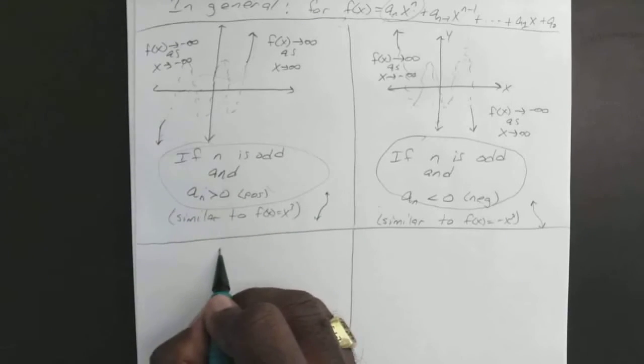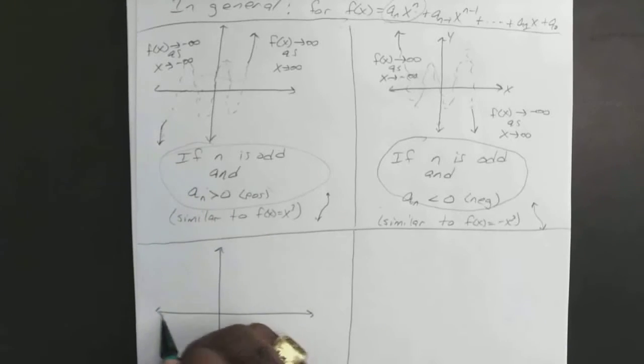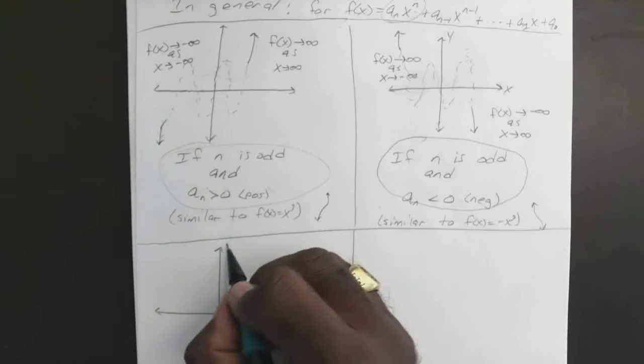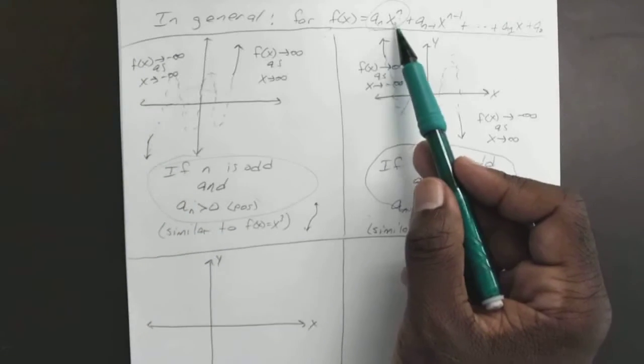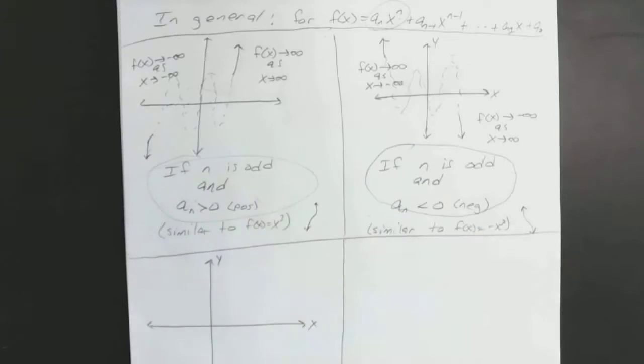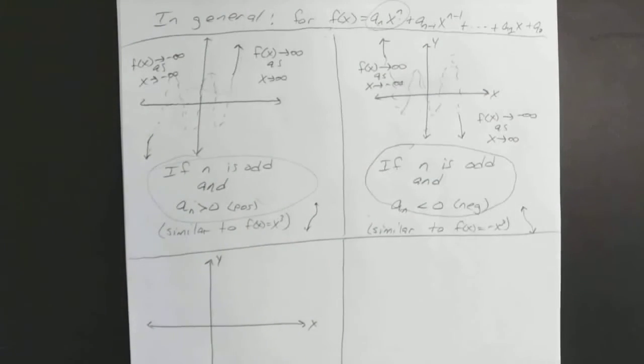I'll bring that down a little bit in case you're still drawing on it. Let's say we have our x and we have our y. So let's say we're still talking about that lead coefficient.